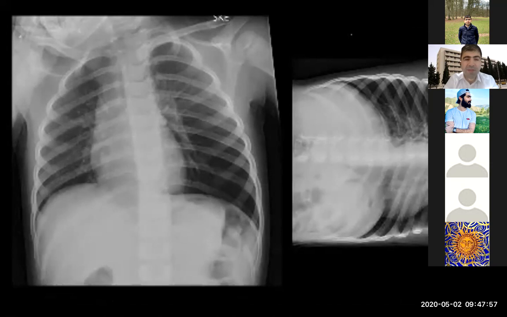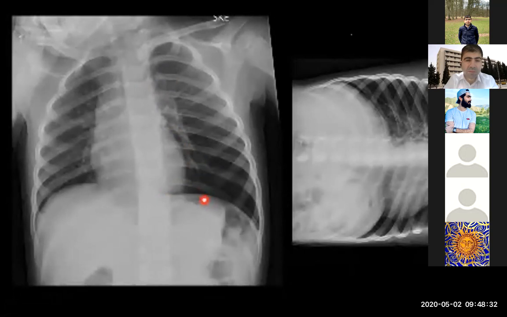What's about the A, B, C, D, E, F system? A for airway. Normal airway. B for bones. There is no any abnormality. C for cardiac shadow. I can see the cardiac shadow. Okay. D for diaphragm.